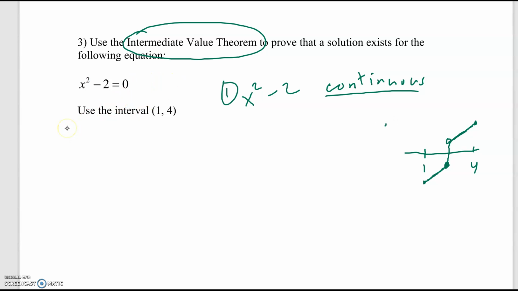Okay, so that's step 1, you have to establish that fact. And then you just plug in your numbers. So plug in 1, you have 1 squared minus 2 is negative 1. Plug in the 4. 4 squared minus 2 is 14. This is less than 0. This is greater than 0.